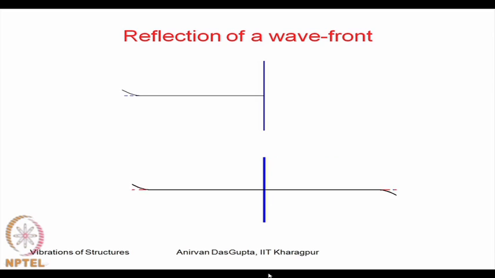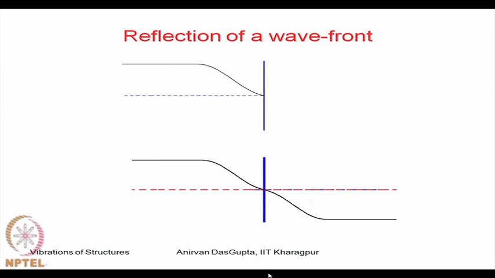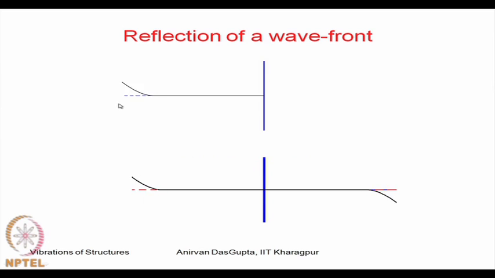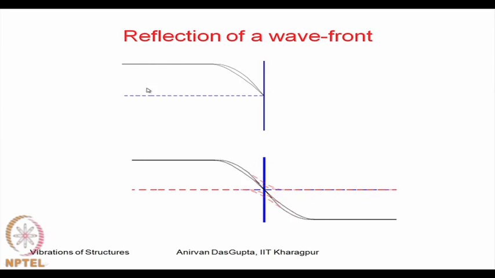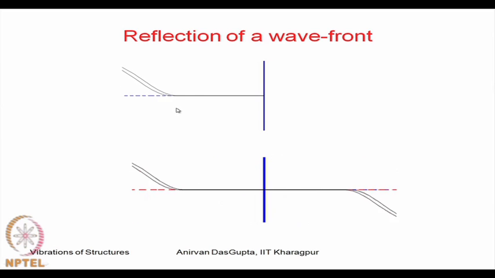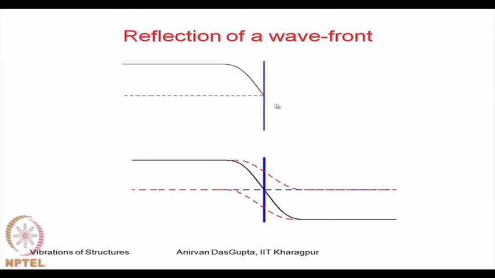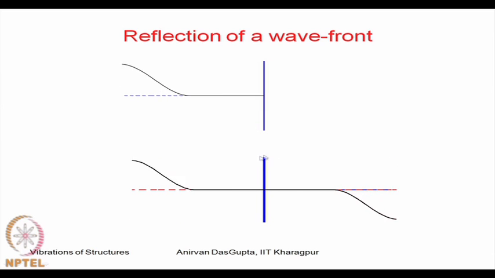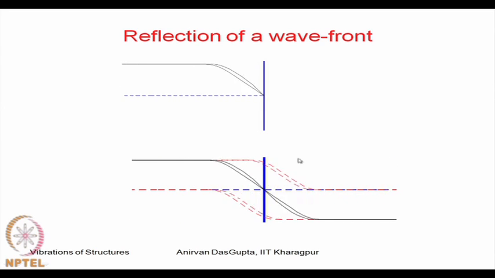In this next animation, what we observe is there is a wave front which is travelling towards the positive x direction and it hits the boundary and gets reflected. This reflection process is shown in the figure below.